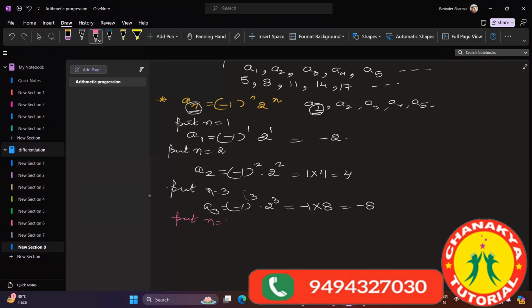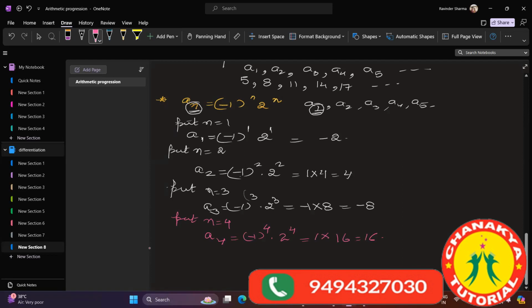Yes. Then A4 is equal to (-1) to the power of 4 into 2 to the power of 4. Now, (-1) raised to the power 4 will be minus 1 or plus 1? Plus 1, ma'am. Okay. And 2 raised to the power 4 is? 16, ma'am. Yes. Good, beta.